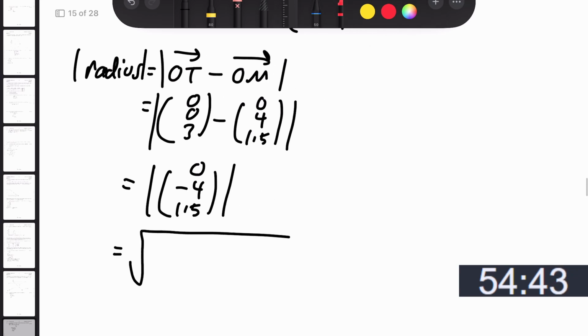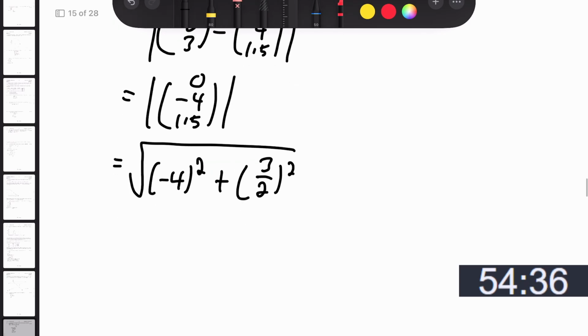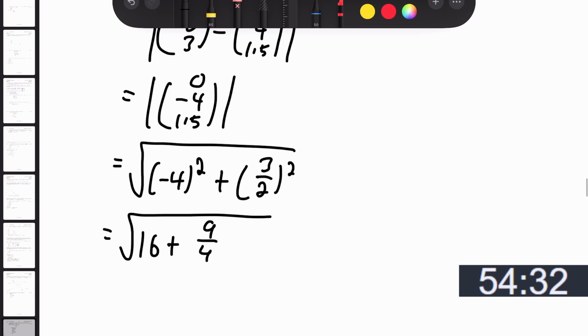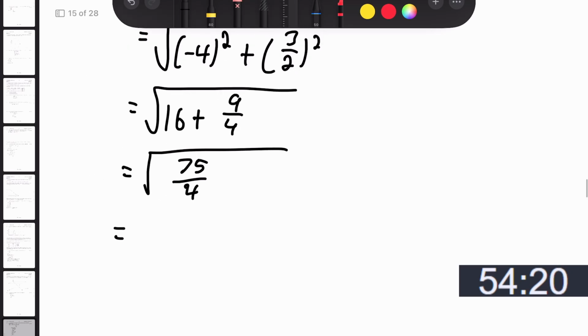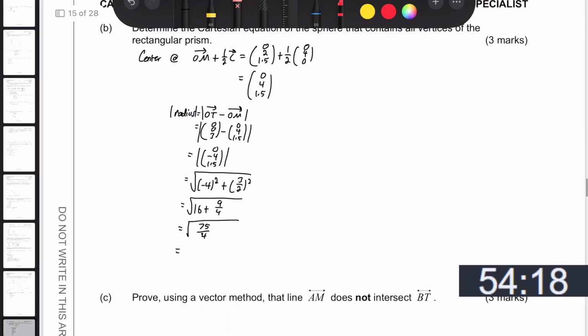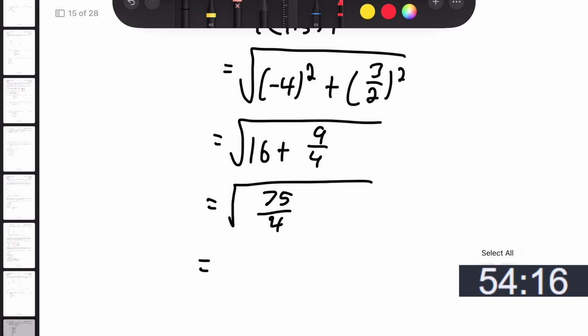And this is square root of 2 squared plus 3 on 2 squared. So 4 plus 9 on 4, that's 25 on 4, so the square root gives 5 on 2.